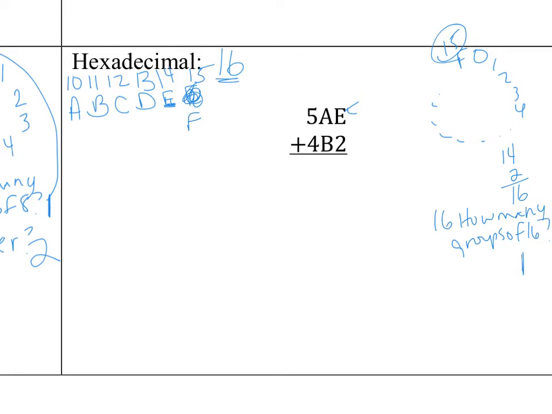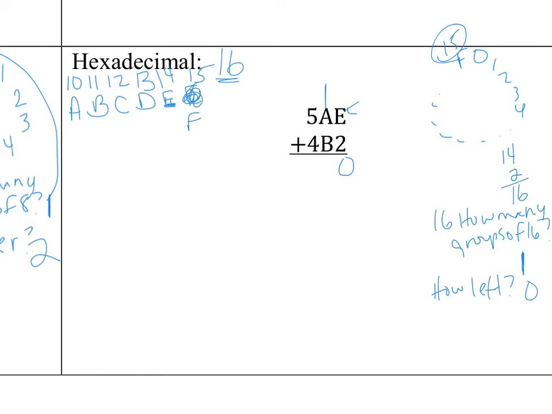There's one group of 16, so that goes here. That's the carry. And how many left over? 0, so a 0 goes right here. And then we just do it again.